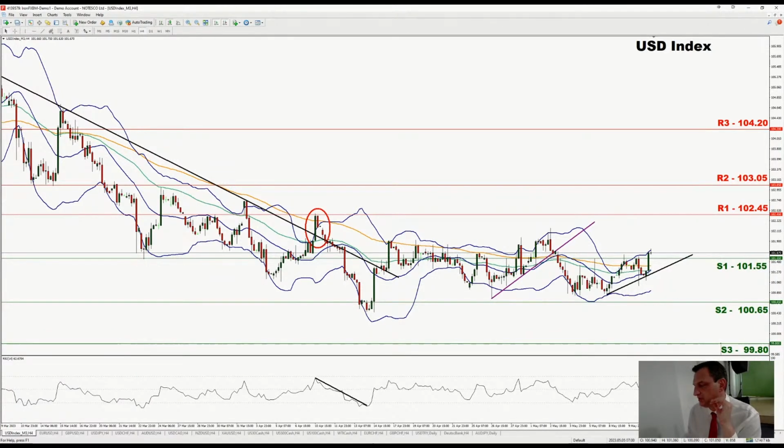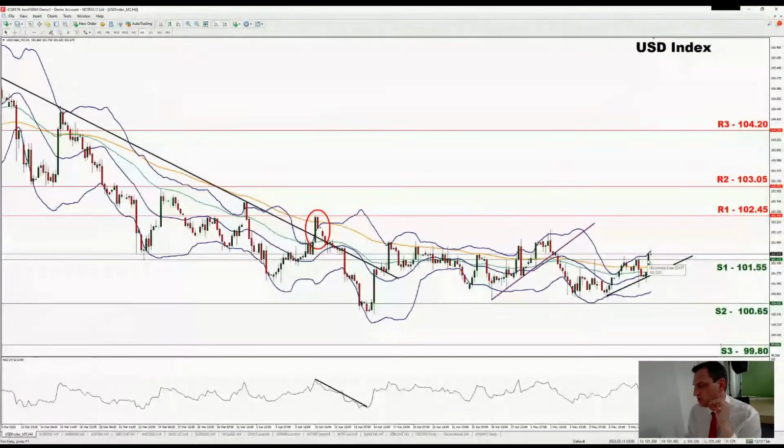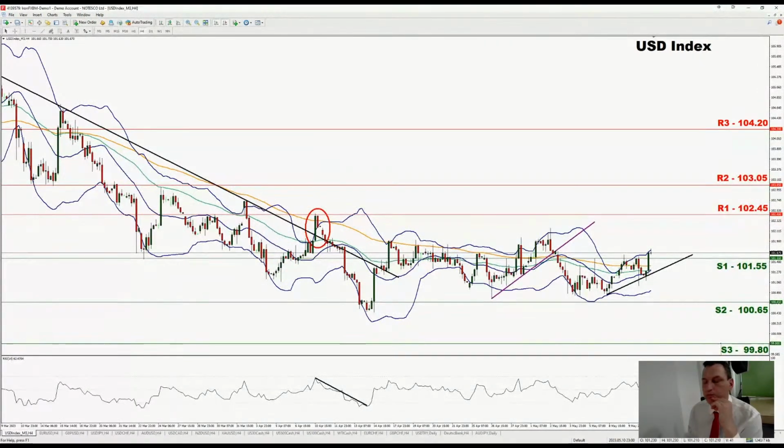The first element would be definitely the breaking of the 101.55 resistance line into support. The second would be the RSI indicator, which has risen and reached the reading of 62.6, 63. So more or less, there was an upward movement. The sentiment is rather bullish in the market.